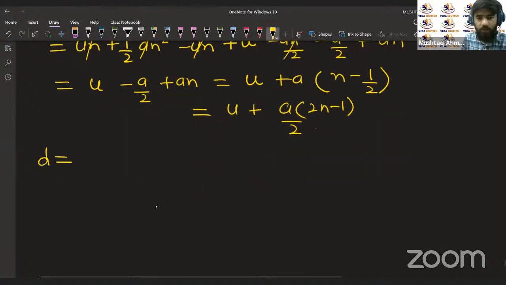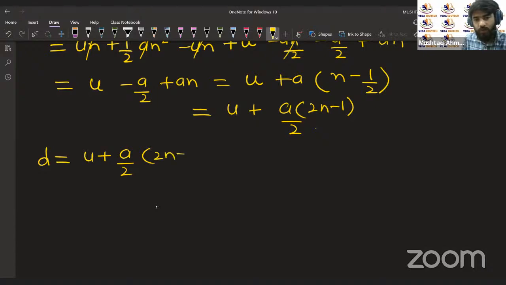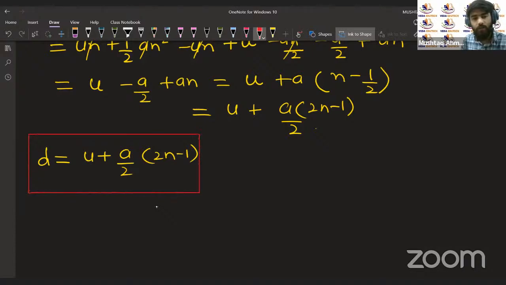So d_n will be u plus a upon 2 into 2n minus 1. This is the distance traveled by the particle in nth second. So this is the final equation.